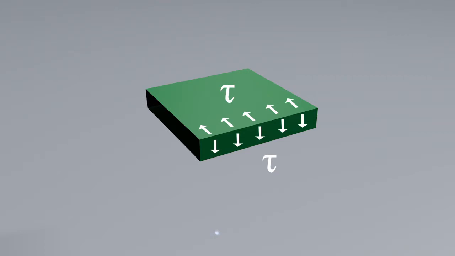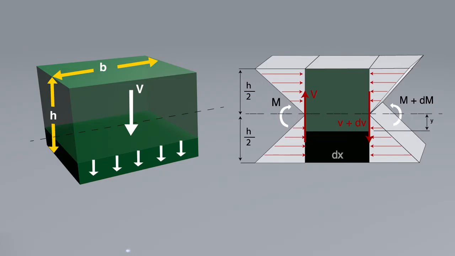For the purposes of our discussion, instead of evaluating the vertical shear stresses acting on a cross-section, it is easier to evaluate the horizontal shear stresses acting between layers of the beam. Let's take two adjacent cross-sections at a distance dx apart.